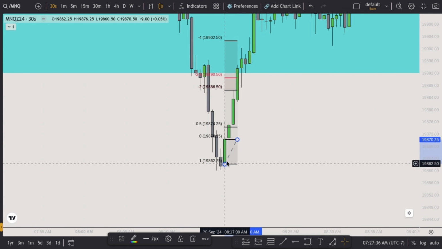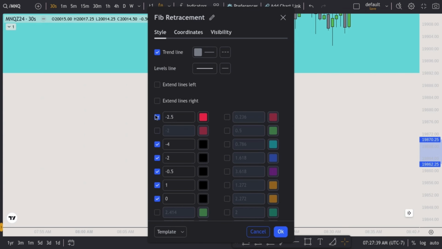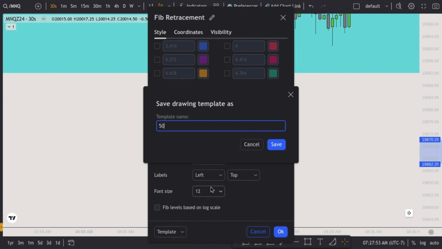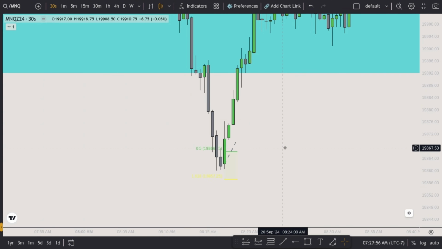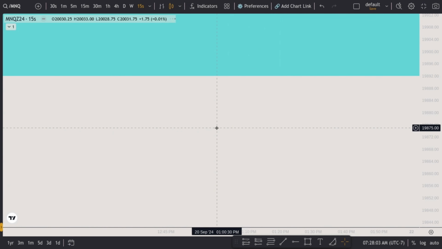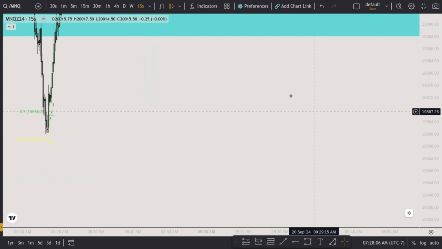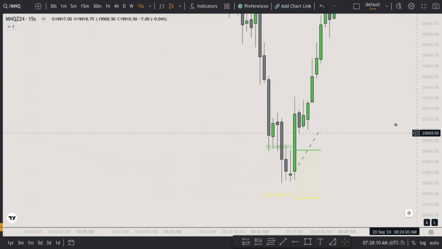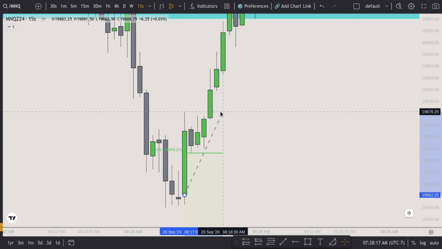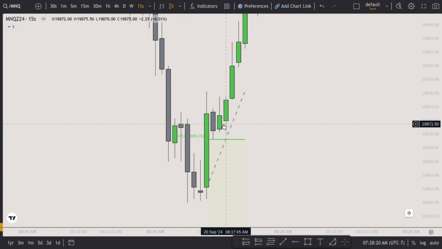As you can see, what we do here, after the 15-second candle closure, you want to wait for price to tap and come down to 50% of that candle for you to enter.